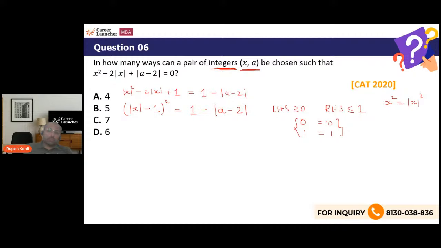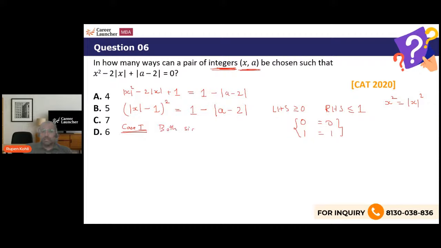RHS is less than or equal to 1. LHS is greater than or equal to 0. So equality can only be achieved at either 0 or 1. So we can have two cases. Case 1, both sides are 0, right?